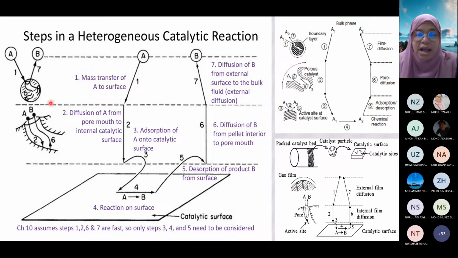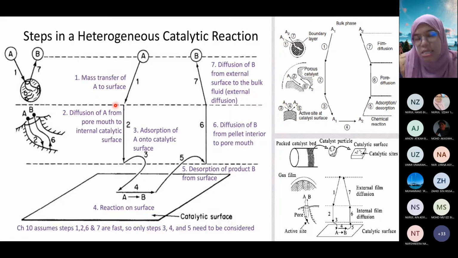Kalau until external surface bermaksud your reactant A ni dia akan attach to the active site of catalyst at the external surface. So dia akan cari semua active site. So active site tu dekat catalyst tu dia ada active site and non-active site. The reactant only absorb on the active site. Kalau dia tak absorb on the active site, the reaction will not occur.